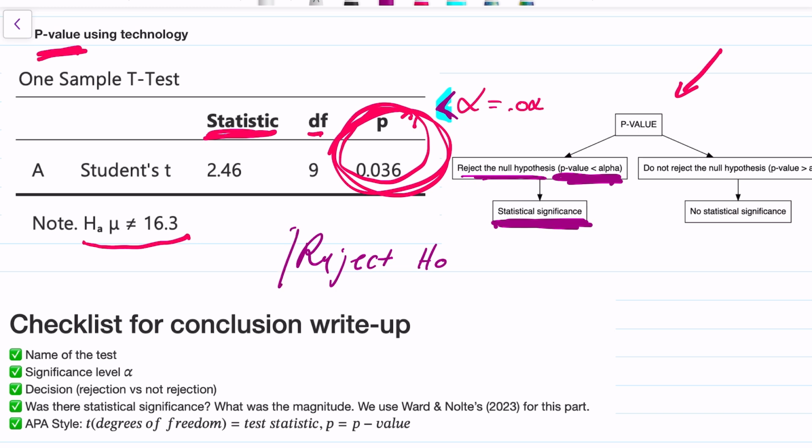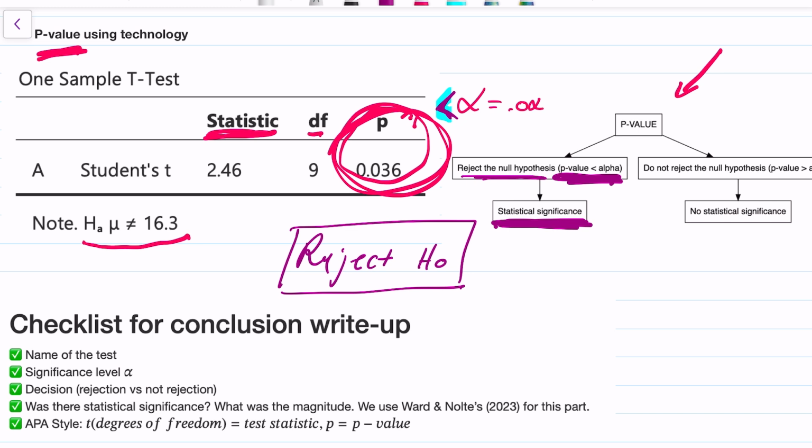So it gave us the same conclusion as when we were looking at the critical value and we drew the little curve. Those two methods should align. If they don't align, I probably made a mistake. I try not to, but it could happen. The two methods are doing the same thing. That's why they should get the same results.